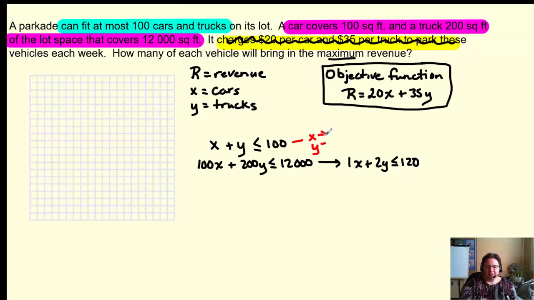For my x-intercept, I set y equal to 0. So if the y is gone, x is equal to 100. And if I go for my y-intercept, I set x equal to 0, so y is equal to 100.